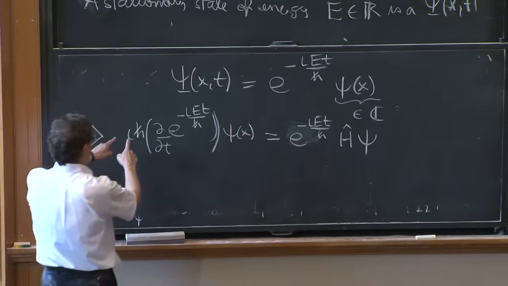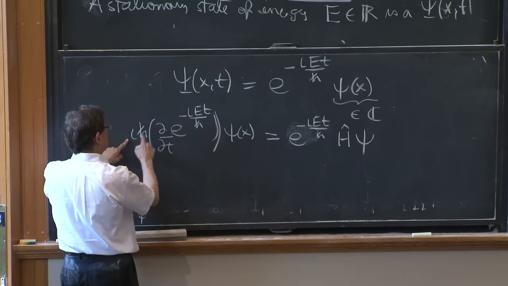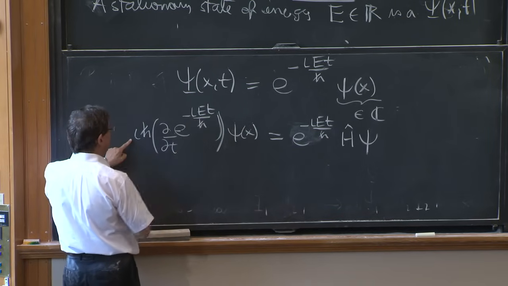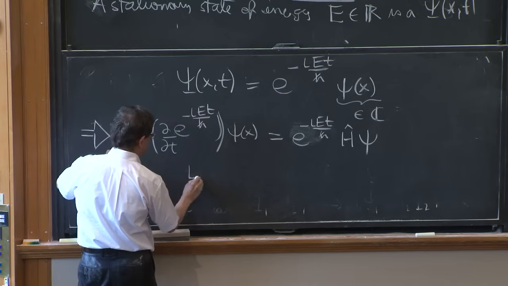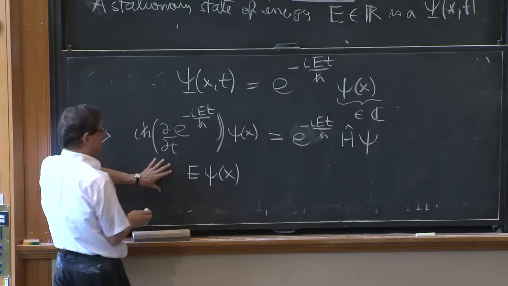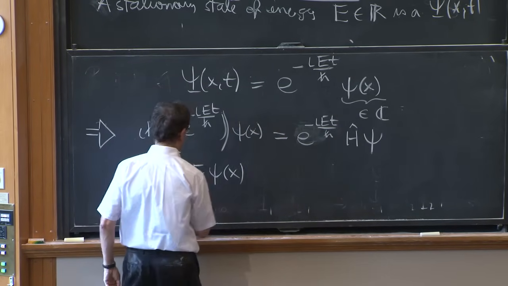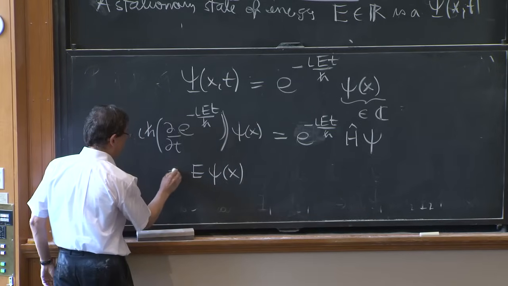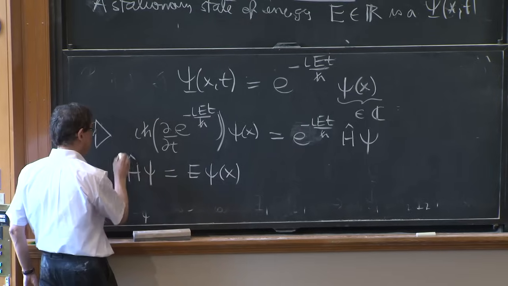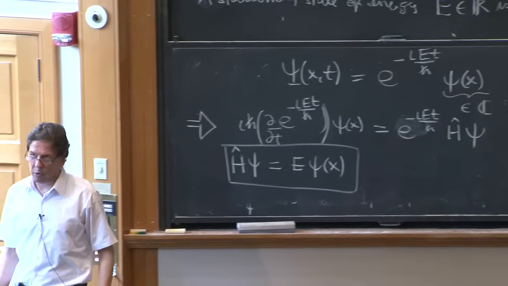Multiplying, the h bars cancel, the i and minus i give you 1, you get E times the phase times psi of x, and I cancel the phase on both sides, and I get on the right-hand side H psi. I'll put it as the left-hand side, and this is the time-independent Schrodinger equation.